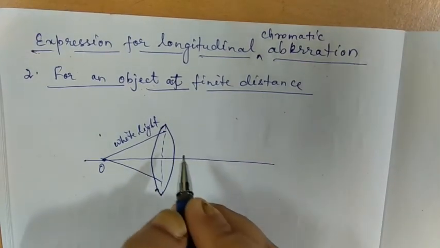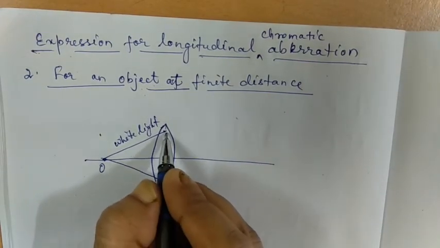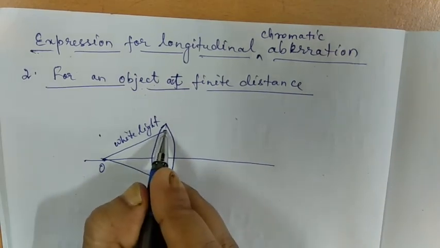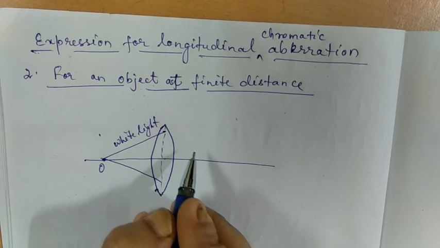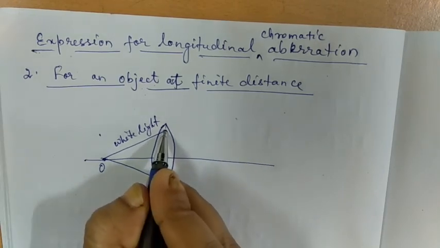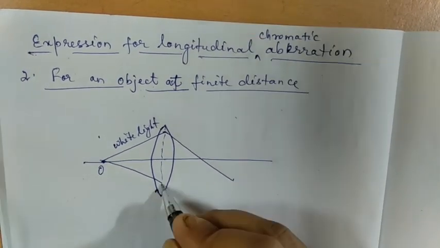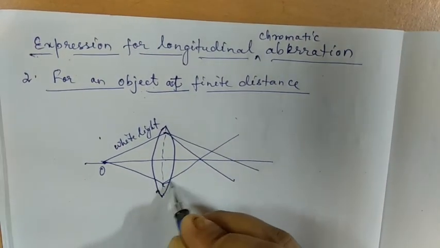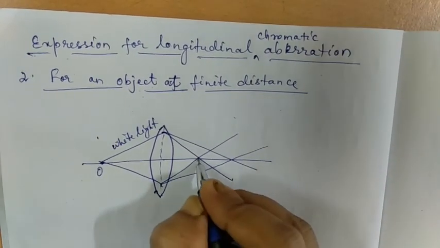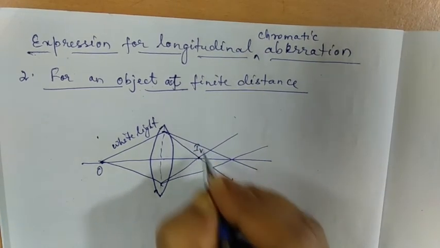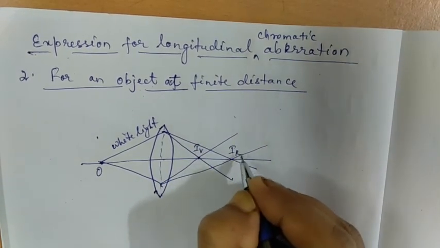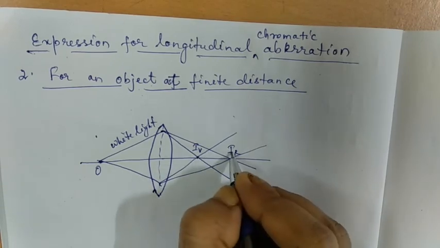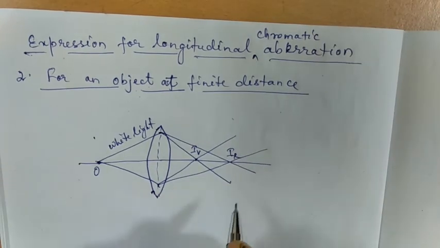For this white light we get images of different colors at different focal lengths, so I'm just drawing the two extreme ends of the focal lengths. This is IV and this is IR, where IV stands for the image for the violet color and IR is the image for the red color.